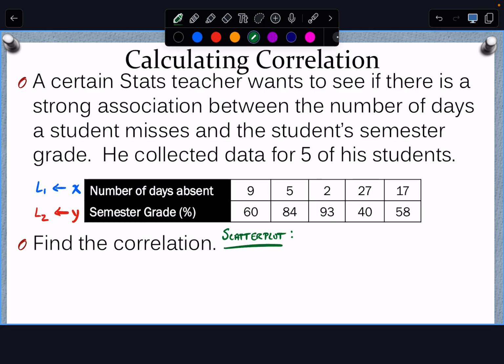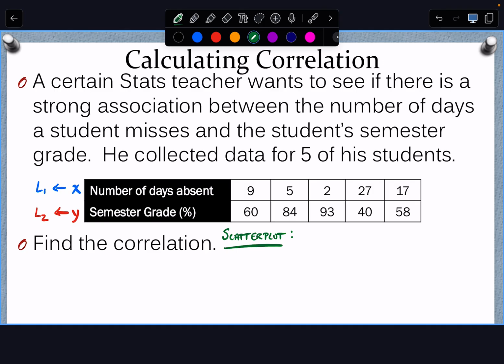Specifically with this, make sure you have the x and y values together correctly as well. So make sure you have the 9 and the 60 in the same spots, 5 and 84, 2 and 93. My x and y values have to correspond to one another. If I mix up the order of one list or the other, again, it drastically alters the results.